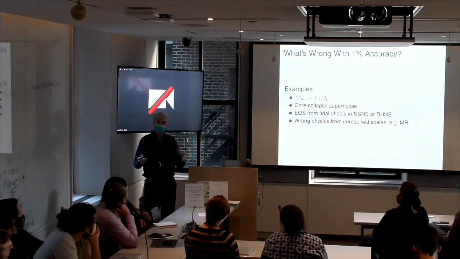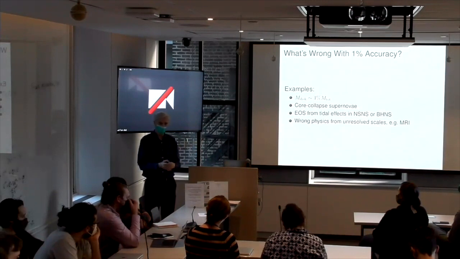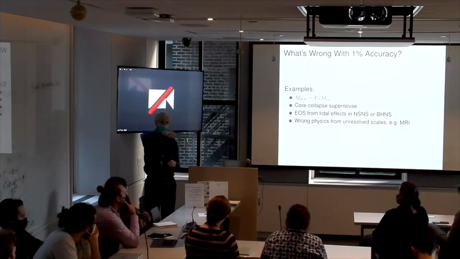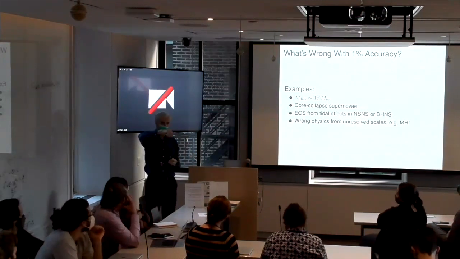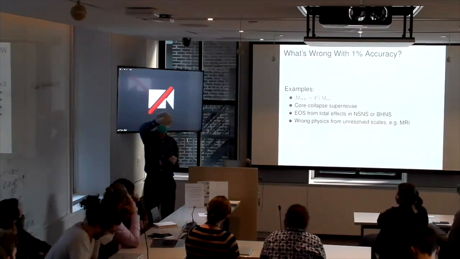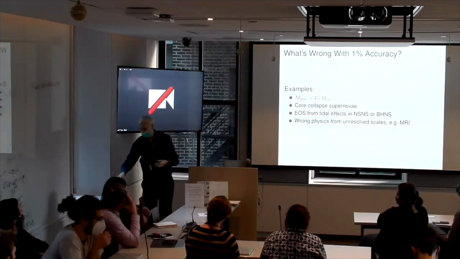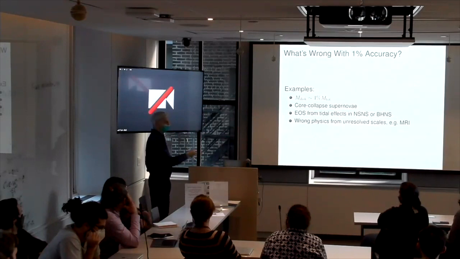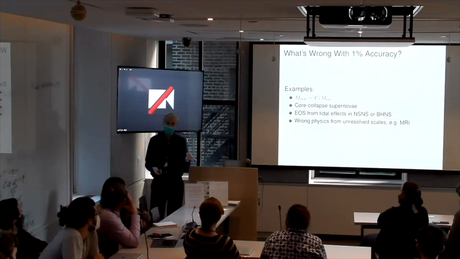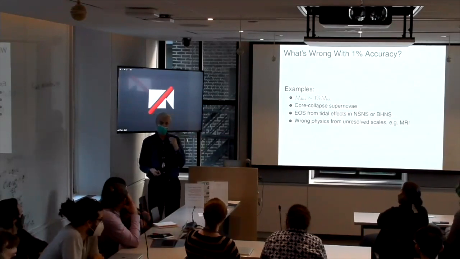You've probably been to talks about core collapse supernovae, and you know that every few years the person presenting the talk changes from telling you the simulations explode, whoops, no, they don't explode, whoops, they explode. It's this problem. Not just do you have to get the physics right, you have to get the numerics right.